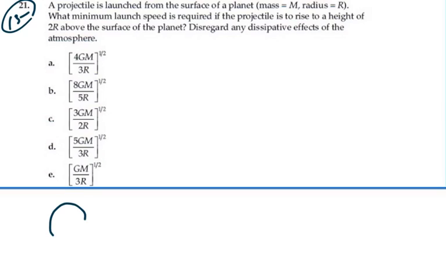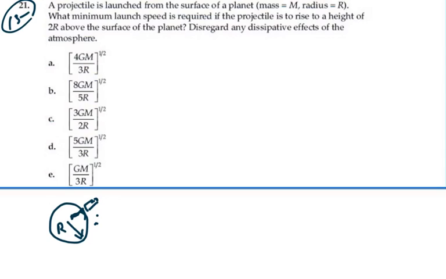So if we had a planet, radius r, and we are to launch a projectile or a satellite from the planet, it's not in orbit to begin with, so its gravitational potential energy is strictly that based on position, and that is going to be our initial position.